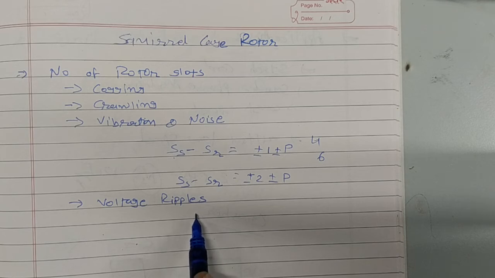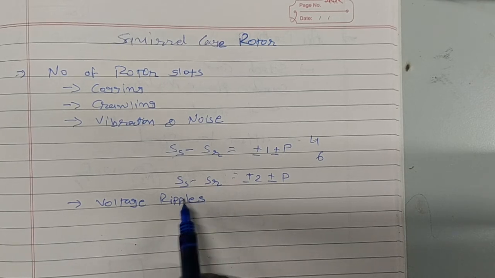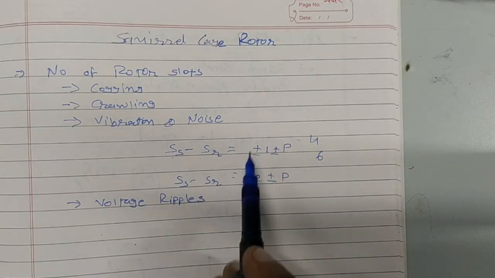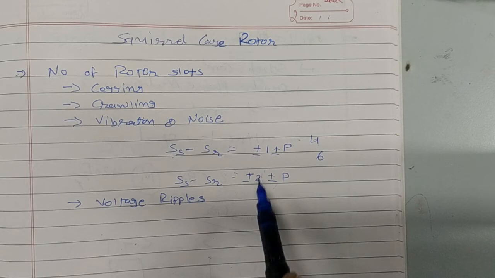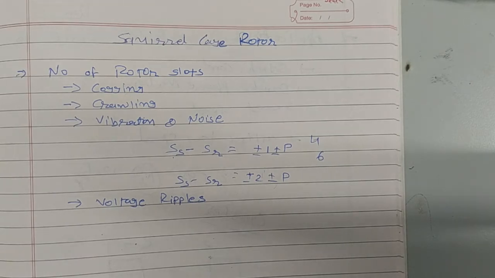Okay, if you keep the number of rotor slots such that the difference between stator and rotor is any of the numbers from these two equations, then there are certain rules that we need to follow if we do not want any abnormality.